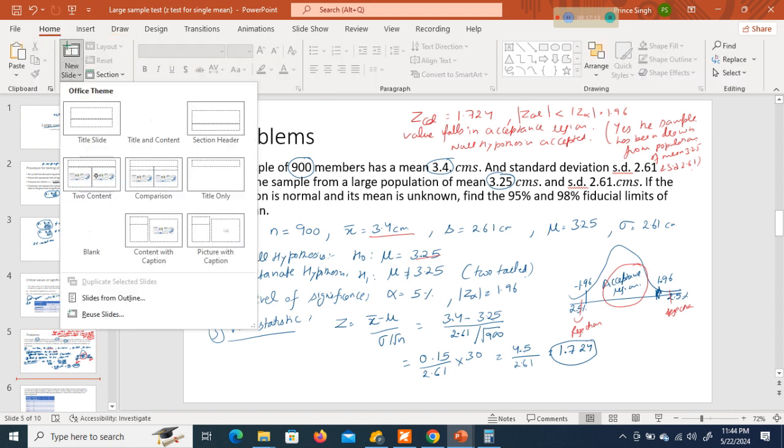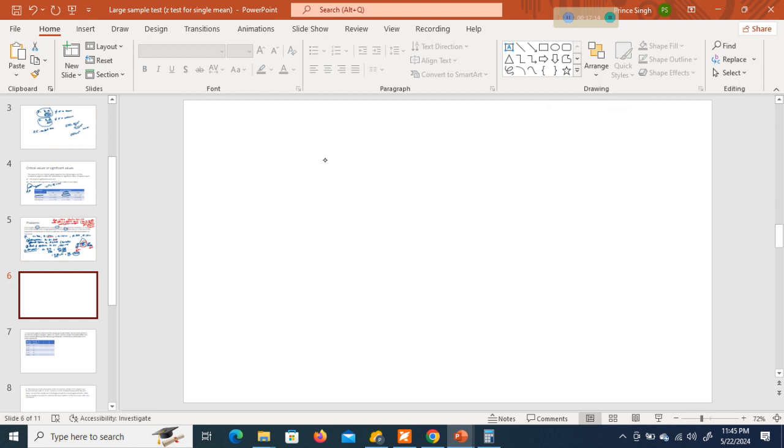Let me add one blank slide. So I'm going to assume that mod of Z alpha is less than or equal to x bar minus mu upon sigma upon square root of n.